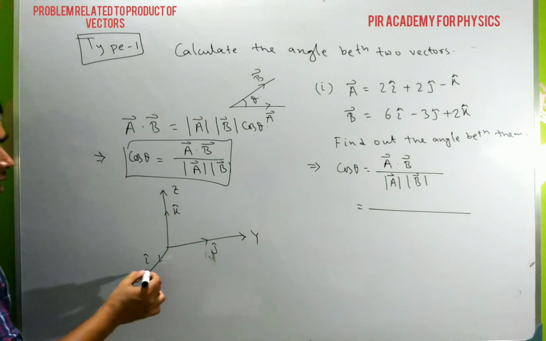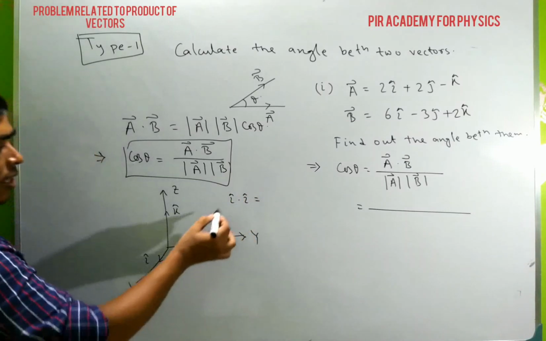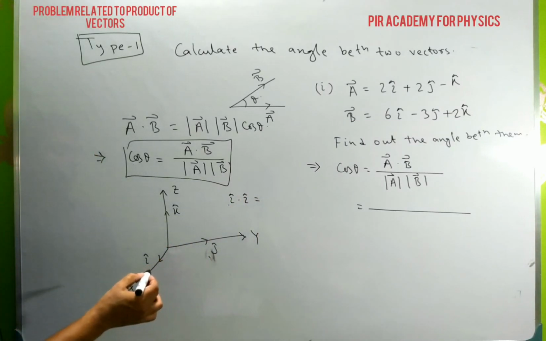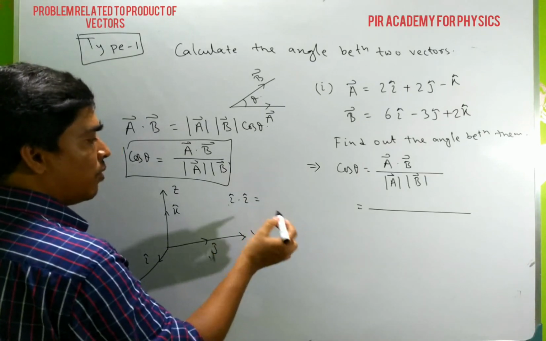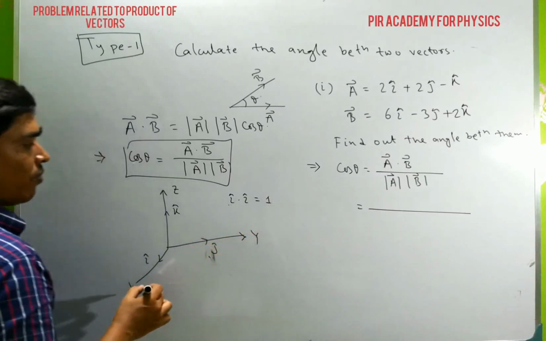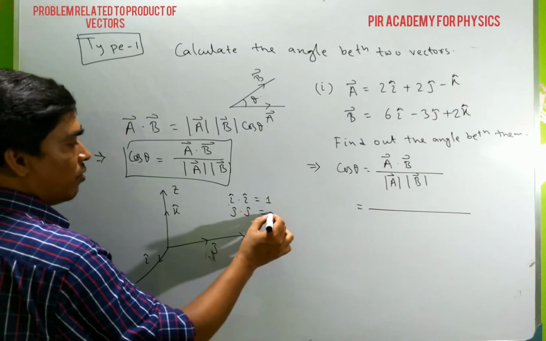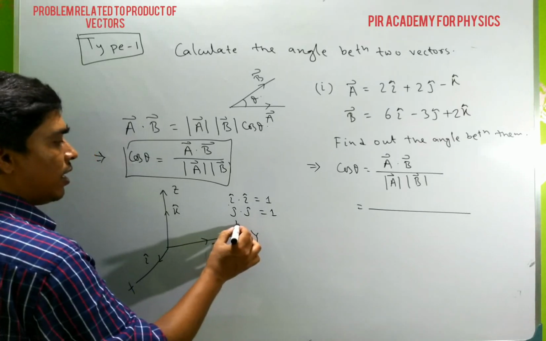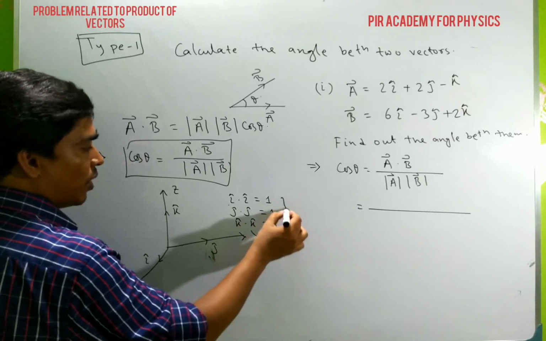Here, i dot i: the angle between i and i is 0, that means cos 0 is 1, so it will be 1. j dot j equals 1. Similarly, k dot k equals 1.